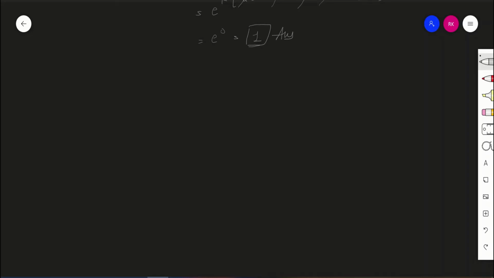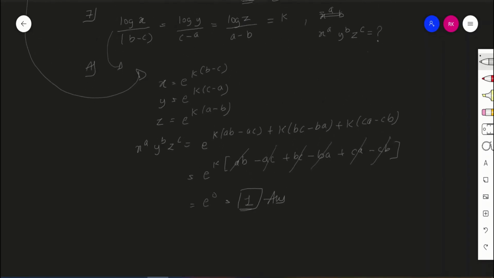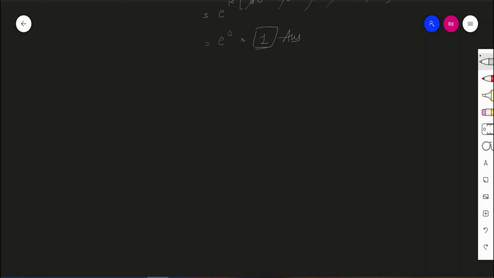So the next question, question number 8: ln(x − a) + ln(x) = 1. Then find x.